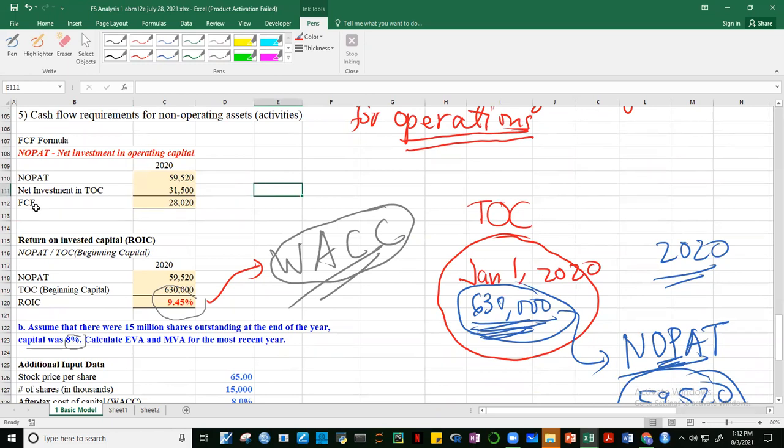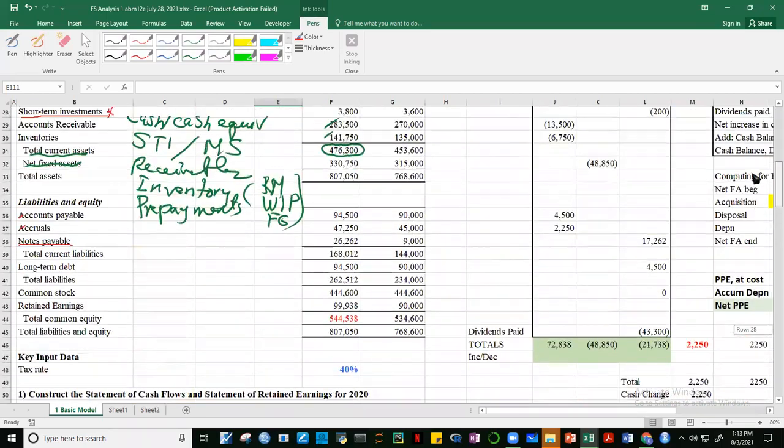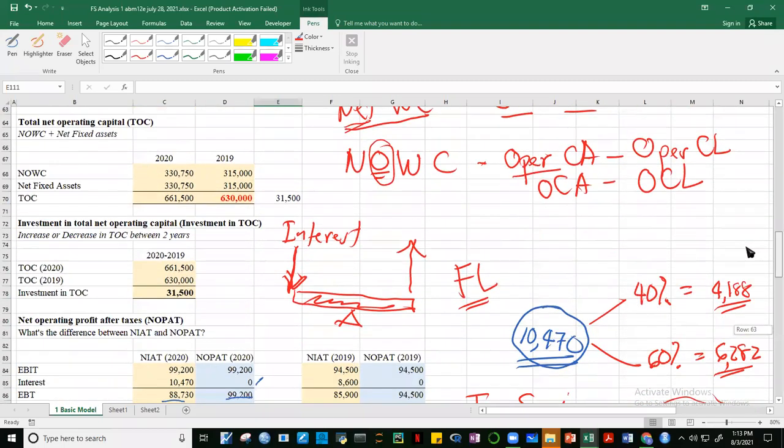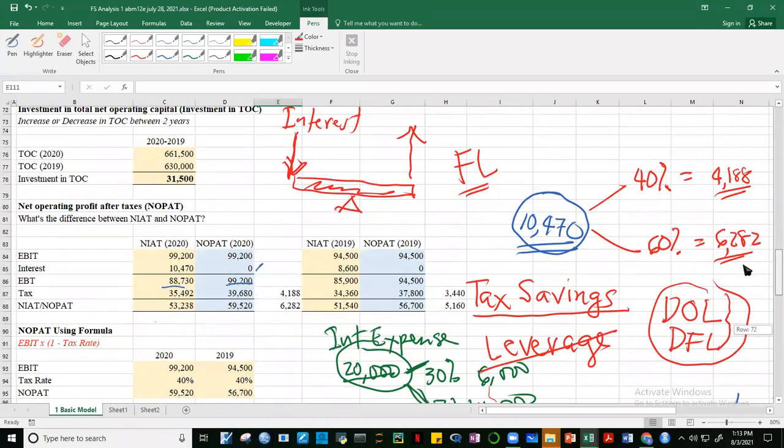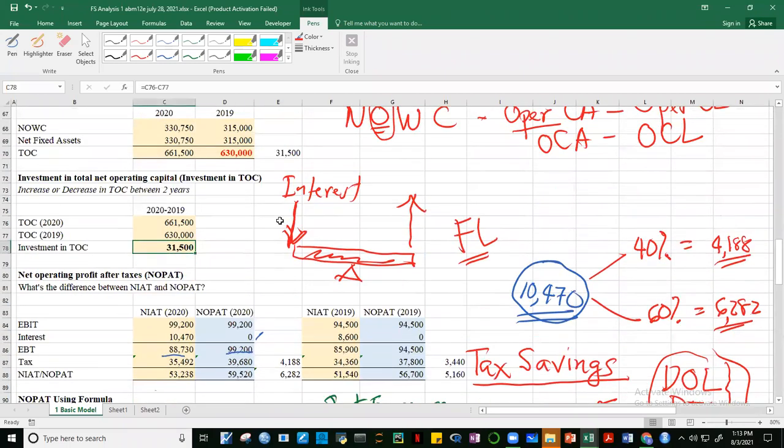Can we compute the free cash flow for 2019? The answer is no. Why? To compute the free cash flow for 2019, we need the investment in total operating capital, which requires the changes between 2019 and 2018.